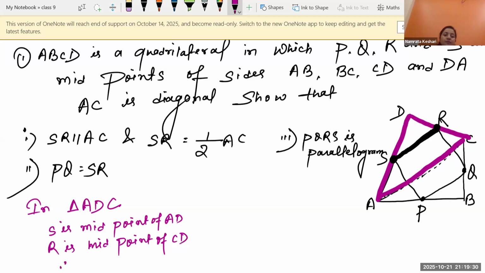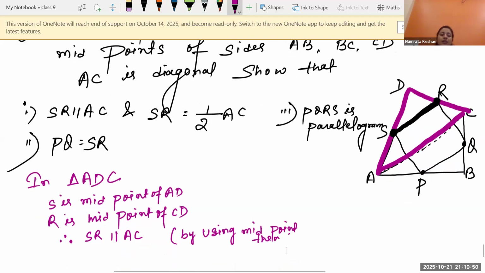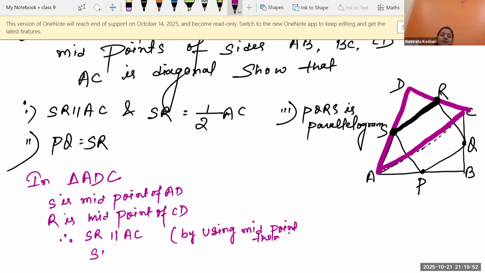Therefore, SR must be parallel to AC, by using the midpoint theorem. We are done with the proof. From here only we can say that SR is half of the length of AC. And we are done with the first part.